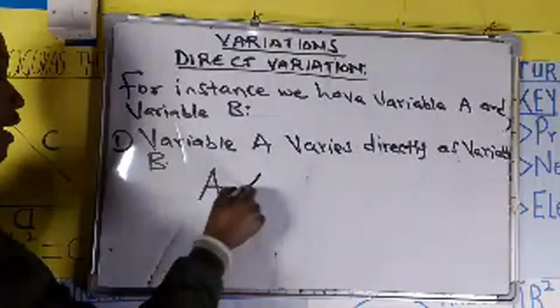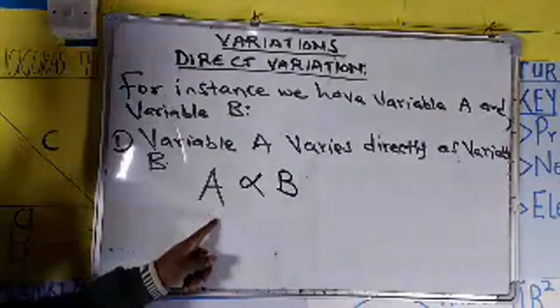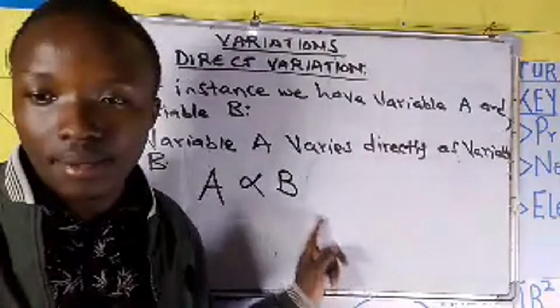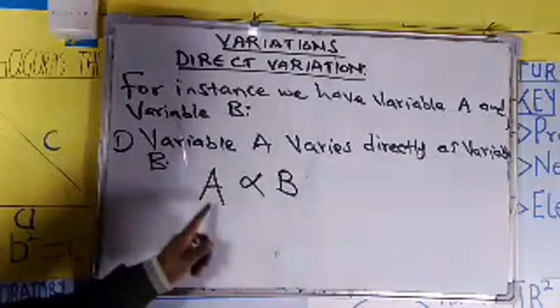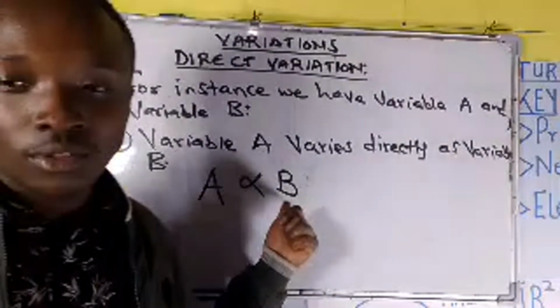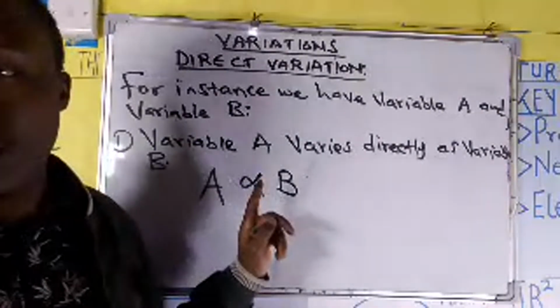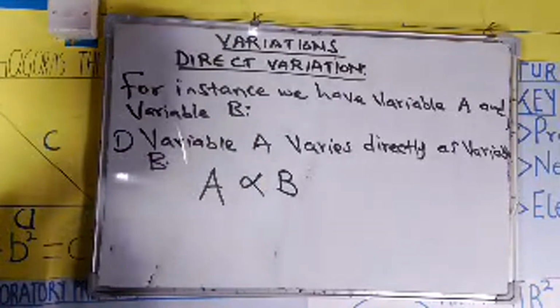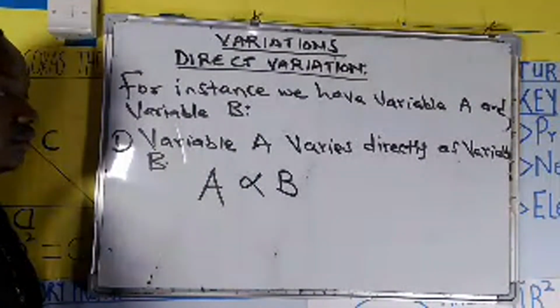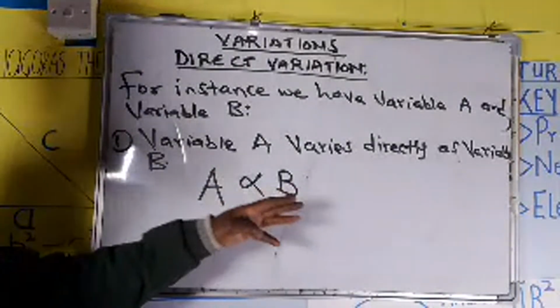Variable A varies directly as variable B. So this is the sign we use to show variation. This is how we write variation: A varies directly as B.